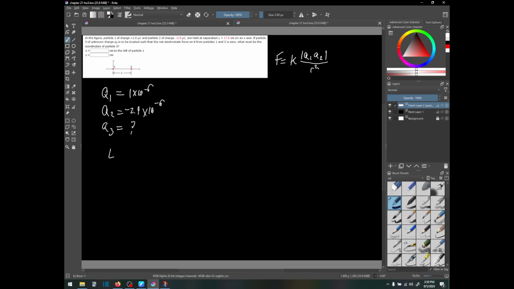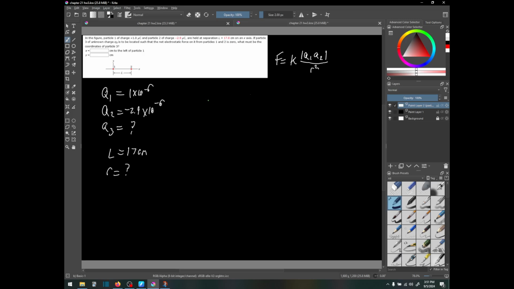We have a length L of 17 centimeters, and then an unknown length to the left of particle 1, which we can call R. Those are our two unknowns, and we are also told that the net electrostatic force from particles 1 and 2 is 0 with particle 3 located somewhere we don't know.